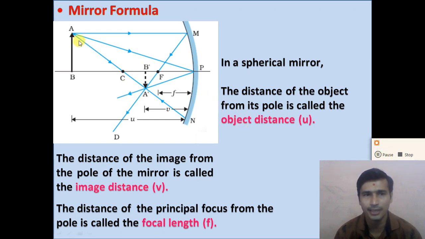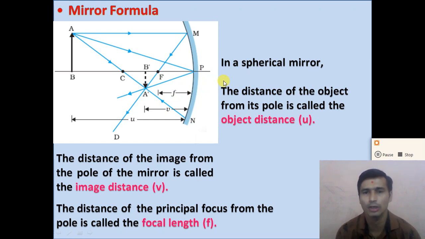So object AB and its image A dash B dash is formed between the center of curvature and the principal focus. The distance from the pole to the image is called the image distance v, right? And the distance from the pole to the principal focus is called the focal length of the mirror, right? Understand all the points, right?